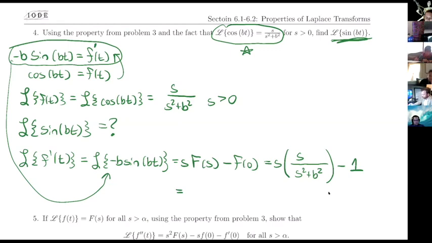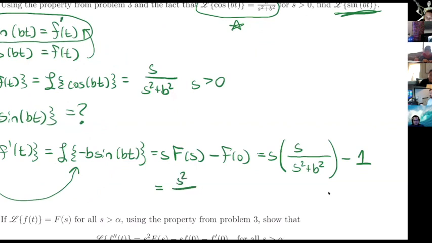So I've got an s squared over s squared plus b squared, and then I also have this minus 1, right, that I could add those two expressions together, putting them over a common denominator of s squared plus b squared.